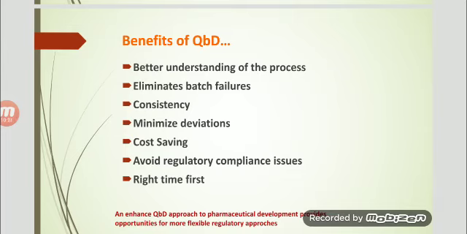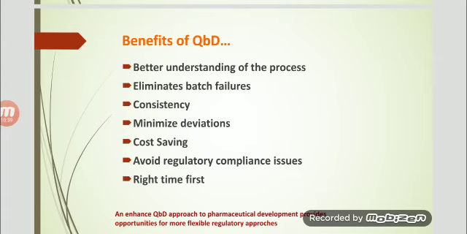For industry people, there will be a better understanding of the process. It will eliminate batch failures. It will provide consistency. It will minimize deviation. And obviously, if all these things are there, then it will definitely save cost.